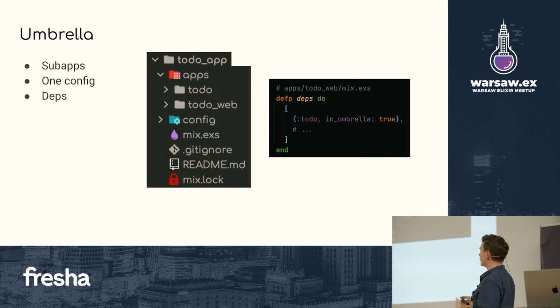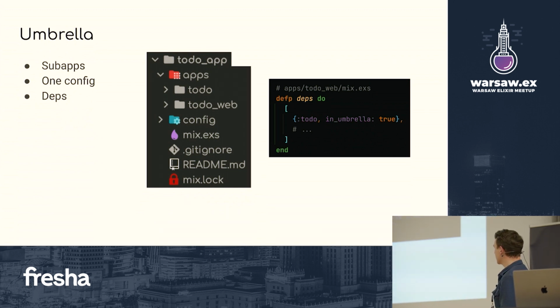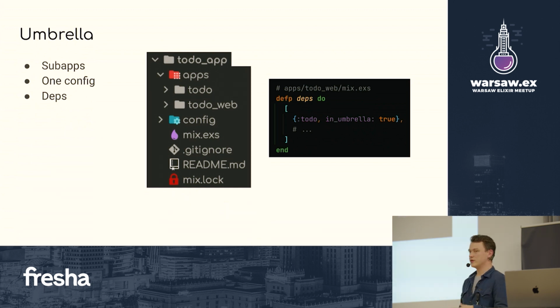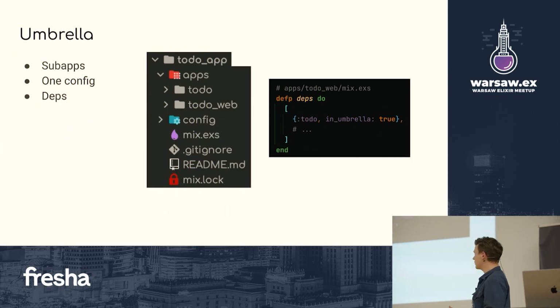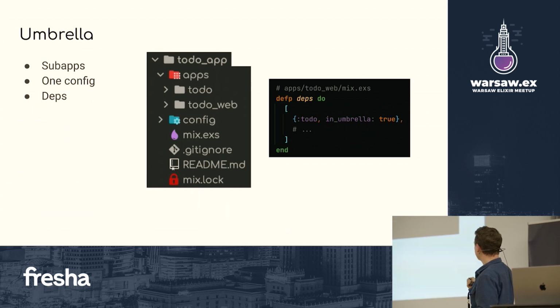One is responsible for the web interface and the other holds business logic. Apart from that, there is one config that holds all the stuff for all of the applications, and also in mix.exs files there are explicitly stated dependencies between those applications.